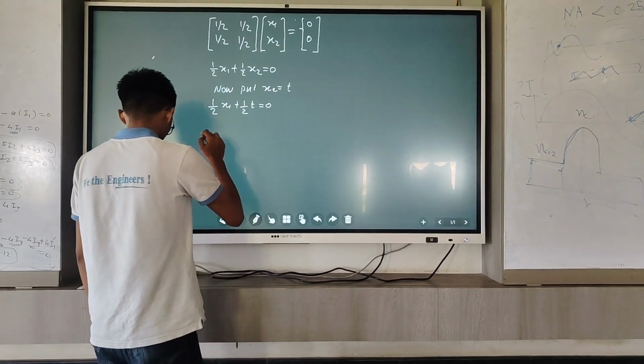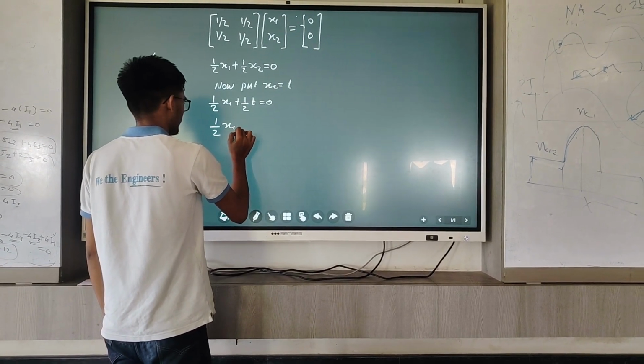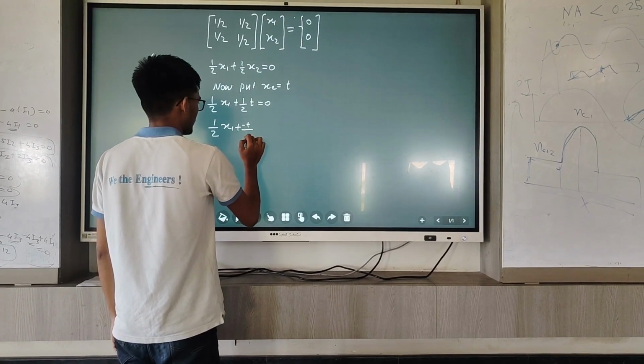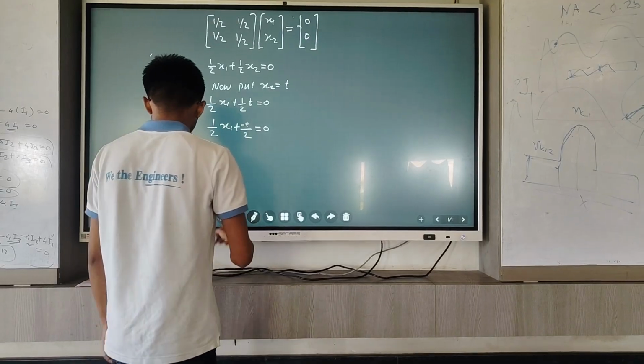So we write x1 plus t upon 2 is equal to 0.